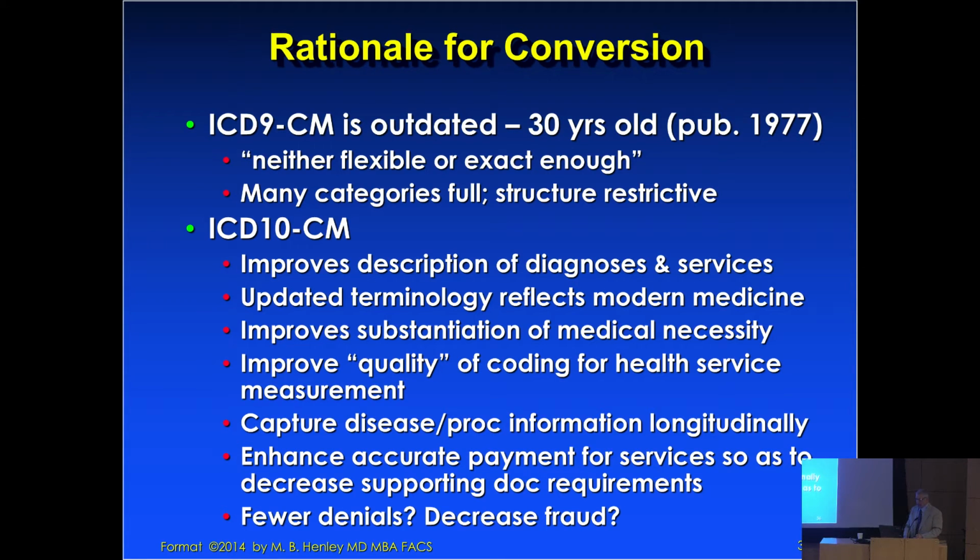And it is hoped that it will enhance the accurate payment for services so as to decrease supporting documentation requirements. In other words, you can report so many different diagnoses or comorbidities that it may not require as many appeals after initial denials of your claims. And it's also purported to reduce fraud.